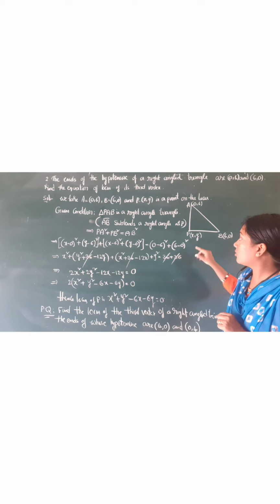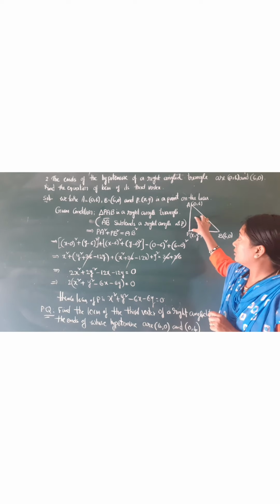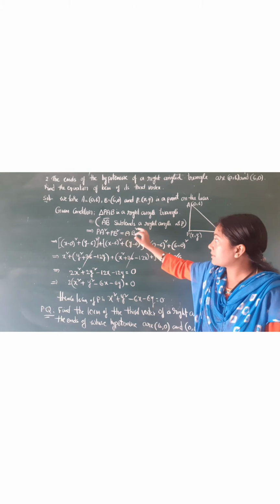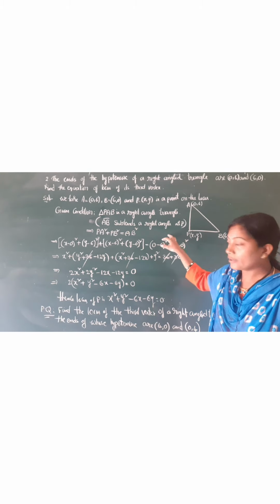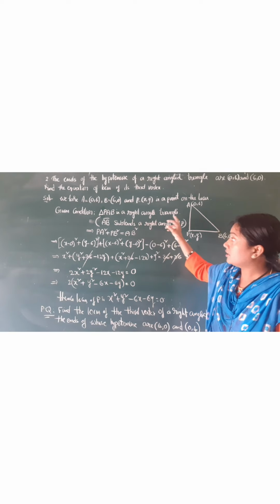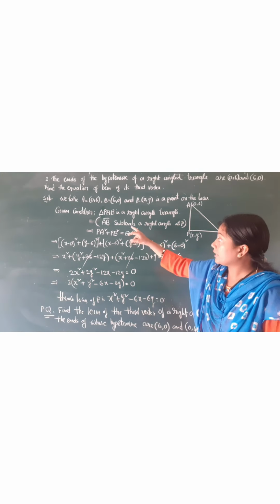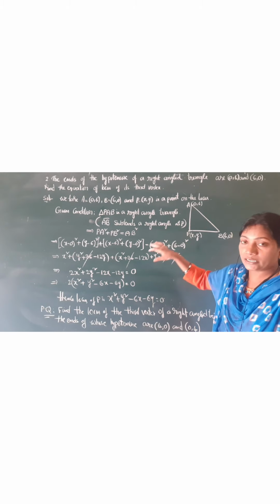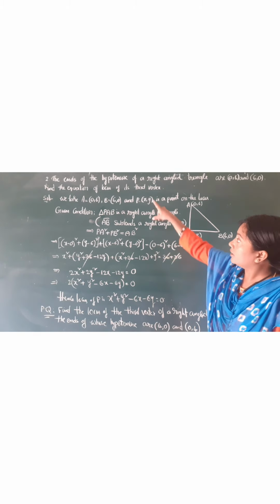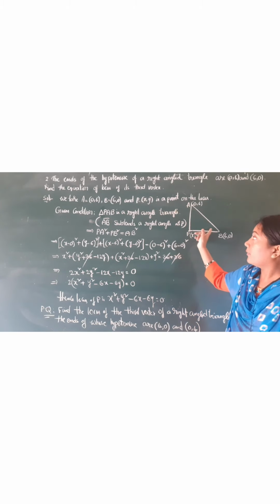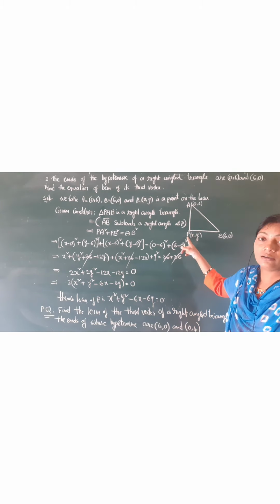So ultimately we are ready with a right angle triangle. Or else this question may be asked like AB subtends a right angle at P, or triangle PAB is a right angle triangle. He may not give it directly, but you have to understand that when AB subtends a right angle at P, it is also a right angle triangle. Here also you can understand directly because the hypotenuse endpoints are given and we have to find the third vertex locus equation.